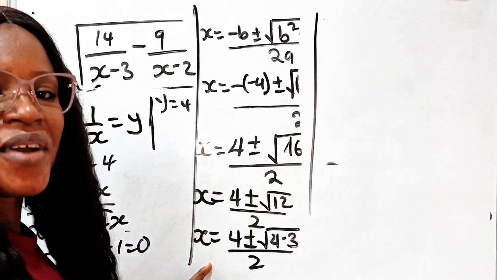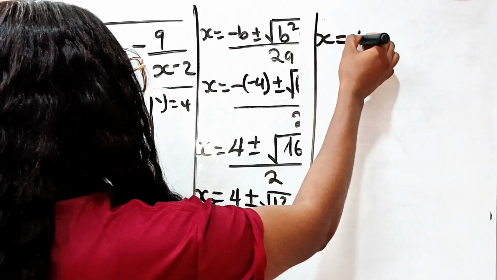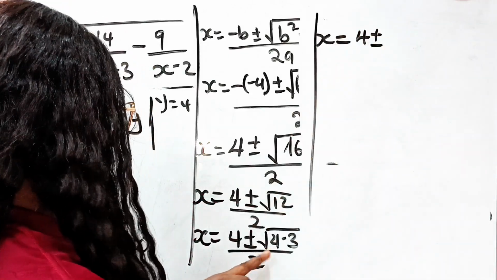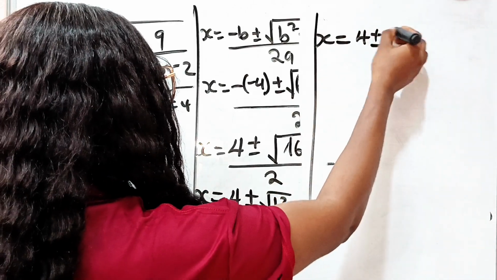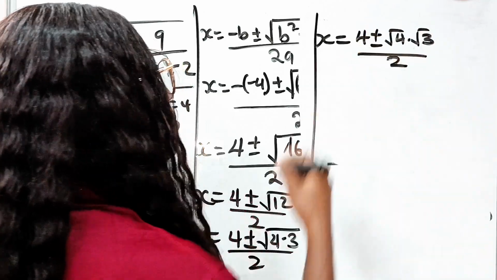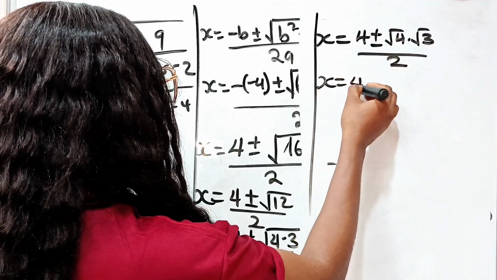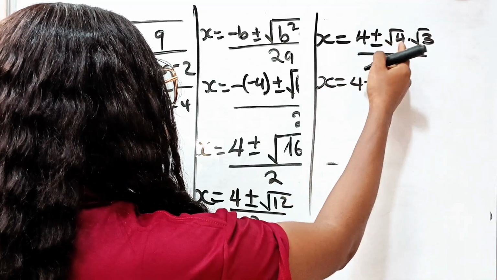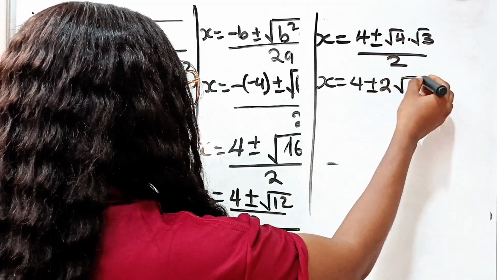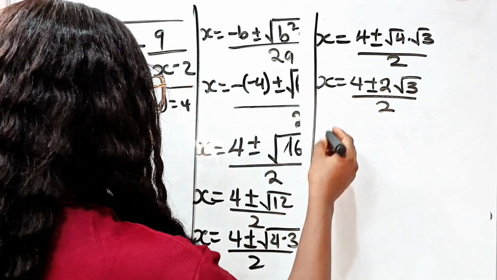So we are almost there. We have x = (4 ± √4 × √3) / 2. √4 is 2, so we have (4 ± 2√3) / 2.